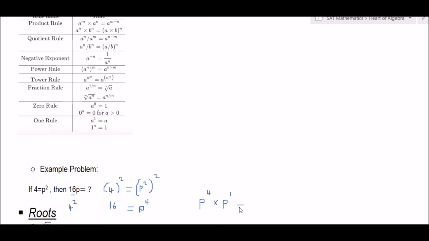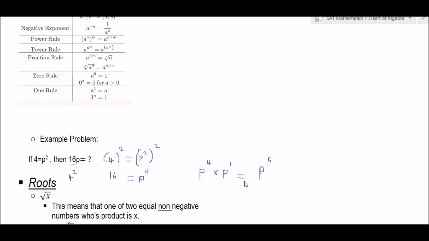Like if you have 5, just know that 5 is also 5 to the power of 1. And here p is there, and it's the same as p to the power of 1. So as we learned, when you multiply numbers with the same base, you just add up the exponents. So 4 plus 1 is 5. And that would be your answer, p to the power of 5.